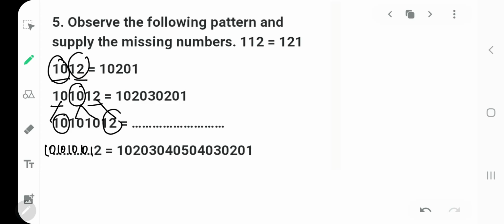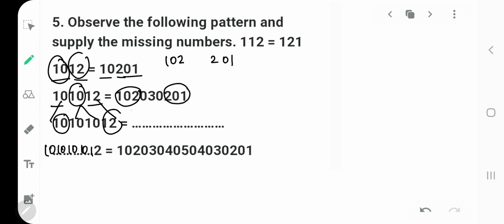Yes. Next, if you notice here, 10201. So I have broken this number 102, 201. I have kept 102 here, 201 here. Got my point clear?